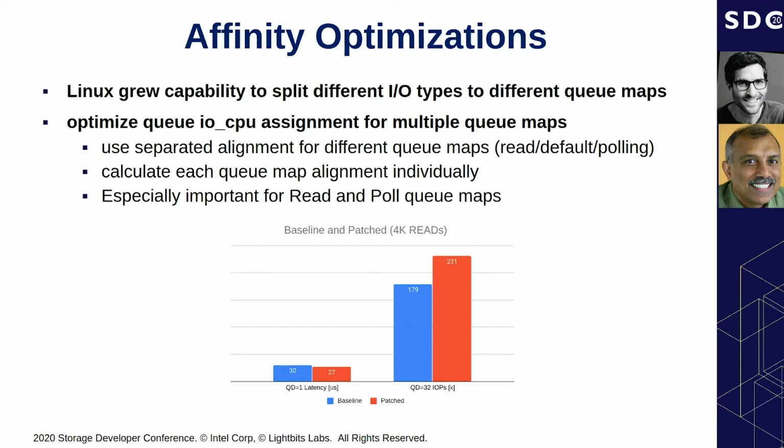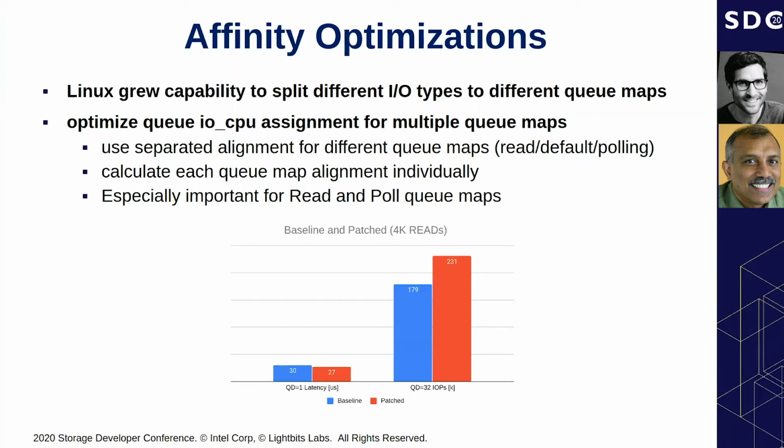So what we did is we optimized the IO CPU. That's the marker that says where the IO context of that specific queue will run on in the case of a multi-CPU environment, which is most of the cases. Now, in case that we have different queue maps, what happened in the baseline is that the accounting for assigning these IO CPUs was combined for all the queue maps as one, which doesn't fit the general use case where you have multiple queue maps and you want them to be aligned into how you want to affinitize them.